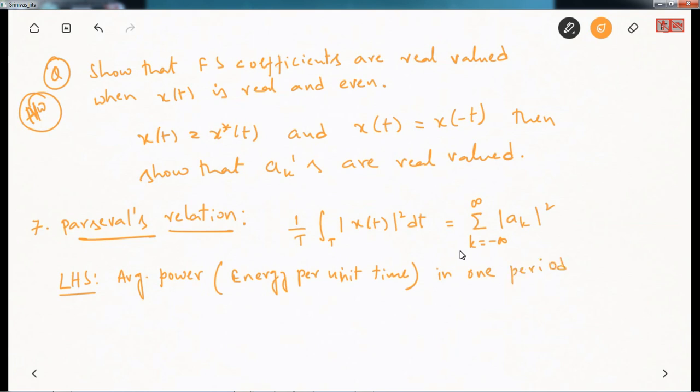In one period of the periodic signal, and then in the right hand side, what is mod ak square?